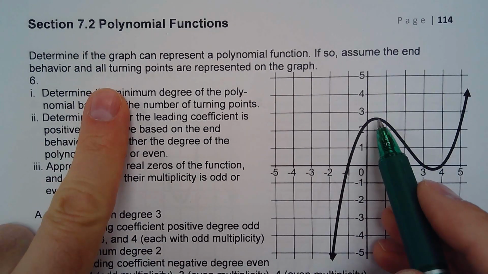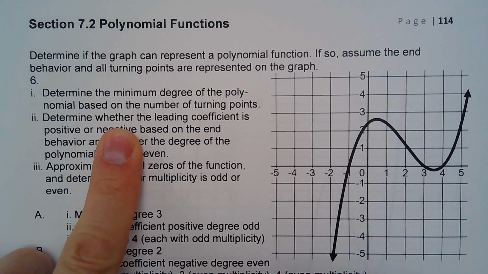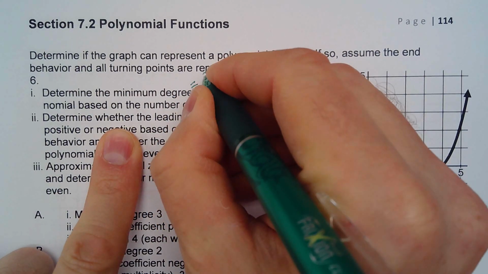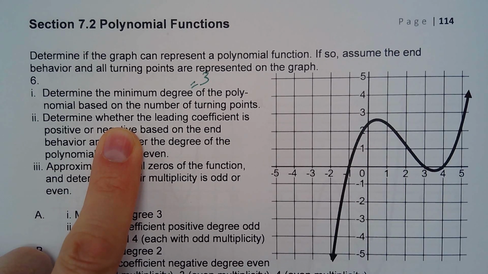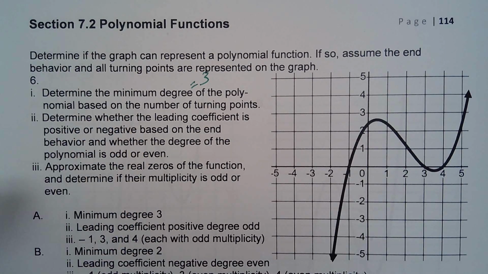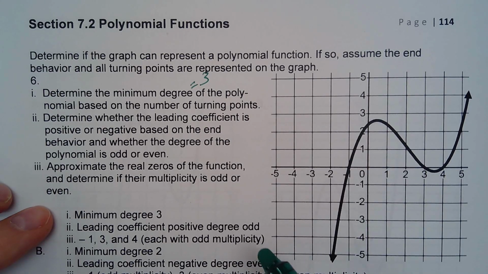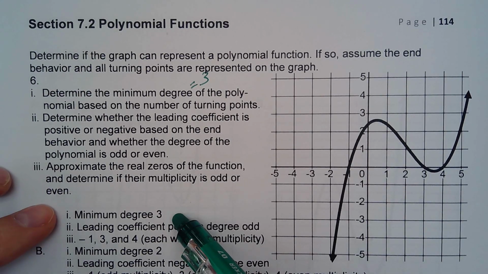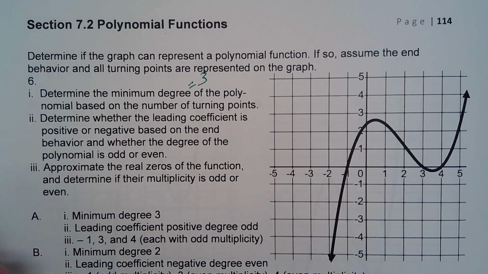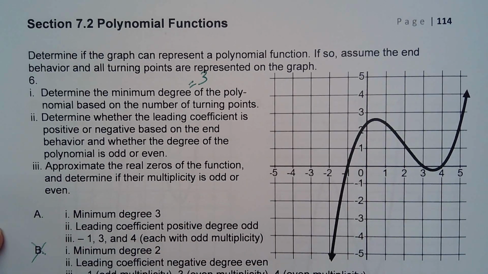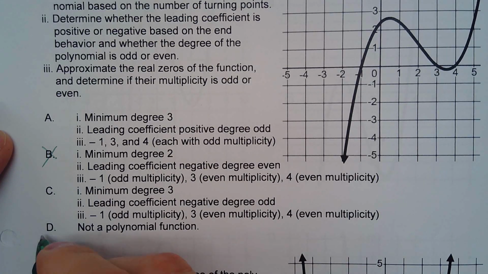So we have 2 turning points, so my minimum degree here is going to be 3. Okay, so let's look at our choices. A or C. So now we've narrowed it. It can't be B, and it can't be D here.